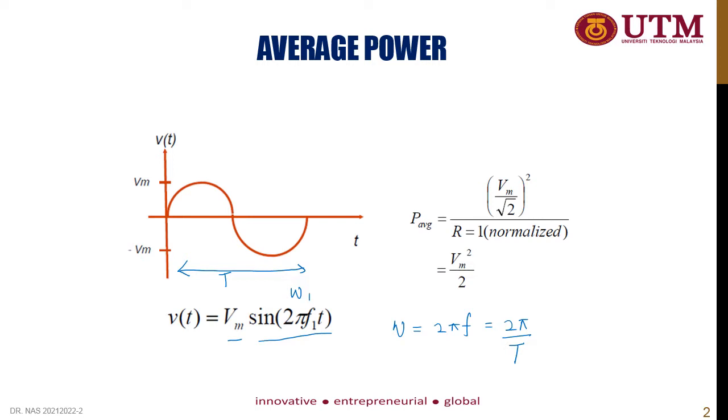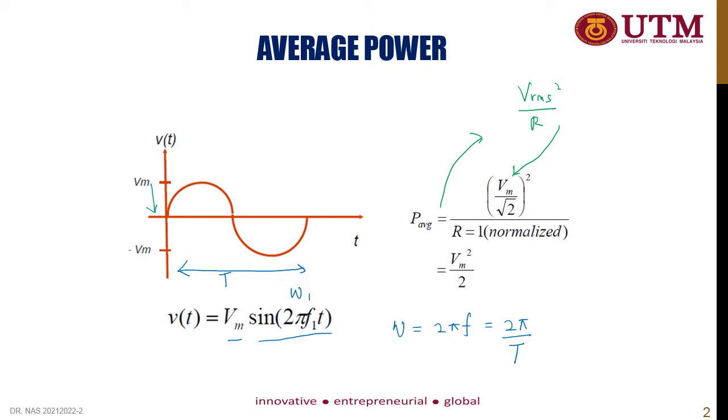dividing V RMS squared by R. So this is equal to V RMS squared divided by R. What is V RMS? V RMS is equal to V maximum divided by square root of 2. V maximum is equivalent to V peak.